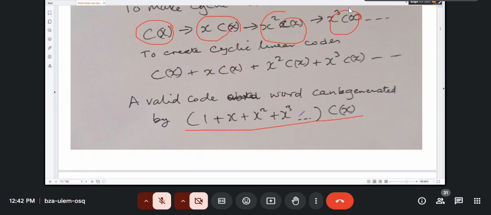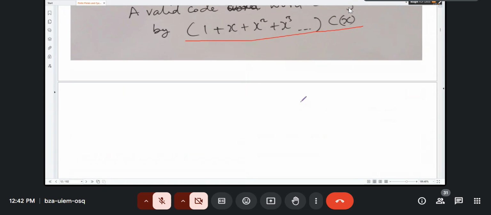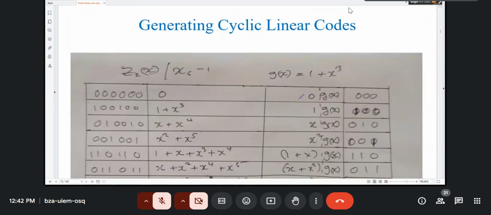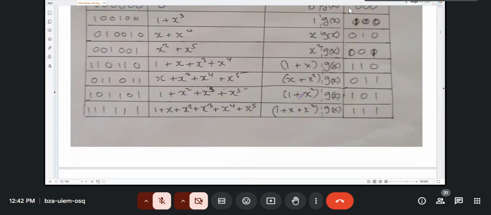The valid code word generator, or generator polynomial, needs to have certain properties. And we are going to see that once we begin talking about minimal polynomials, prime polynomials.